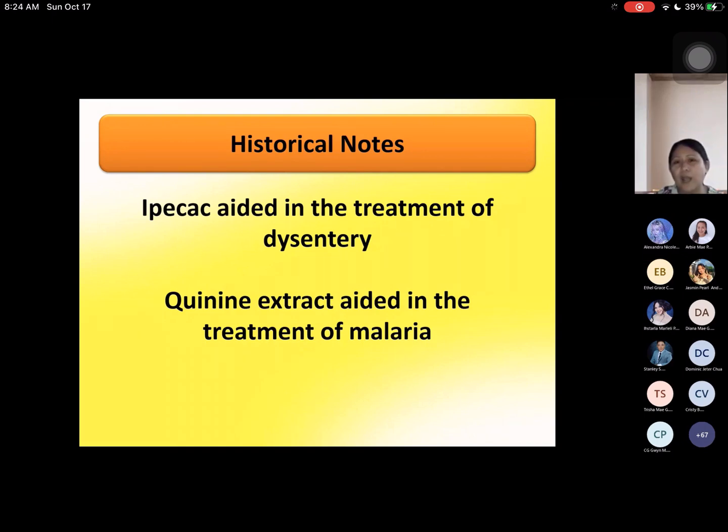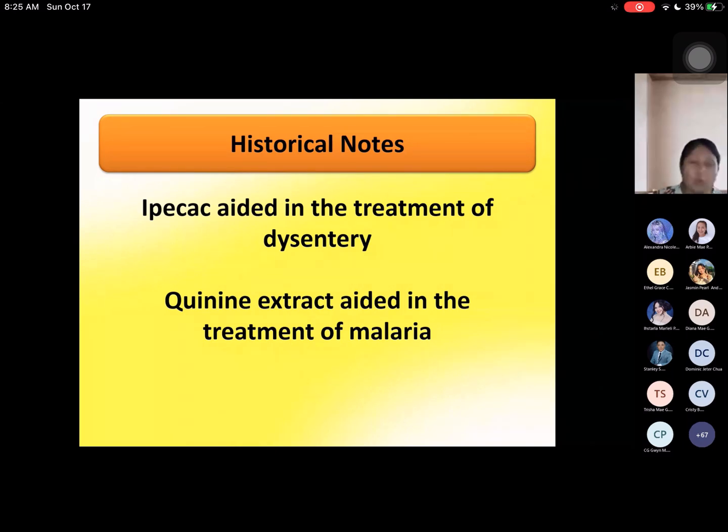When we had wounds and didn't have creams, we used the leaves of guava, mashed them, and applied them on the wound, and it actually healed the wound. So these are the herbs, or herbal alternatives, that can be used to treat wounds and certain diseases. They used ipecac in the treatment of dysentery or diarrheal diseases.